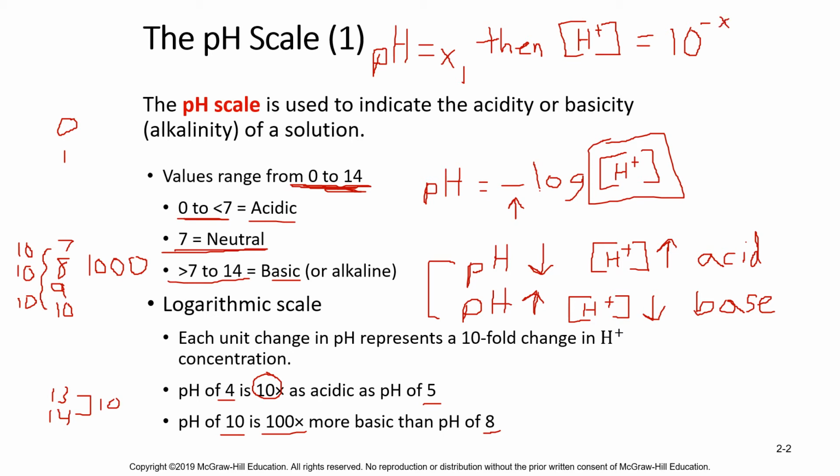So if your pH is 3, then your hydrogen ion concentration is 10 to the minus 3. If your pH is 14, then your hydrogen ion concentration is 10 to the minus 14. And the higher your negative exponent is, the smaller the number. Conversely, you can figure out the number of hydroxide ions, which would be another way to measure pH.